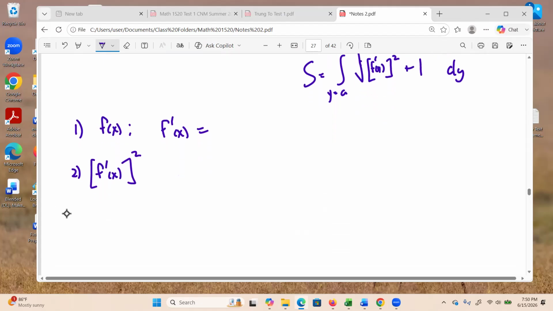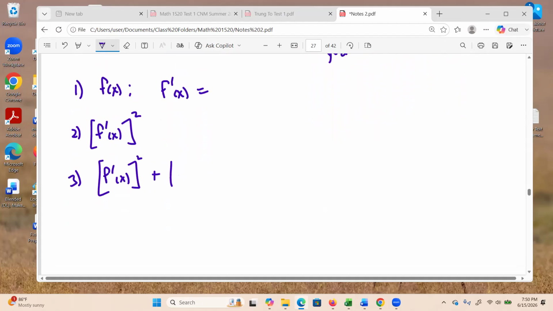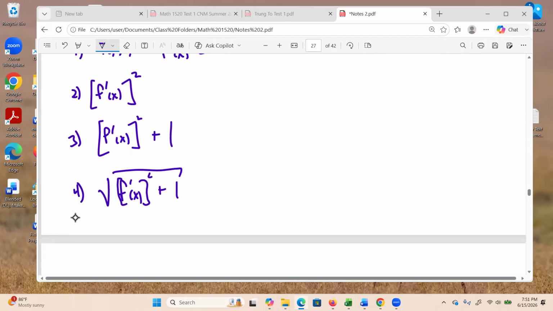Our third step, we're going to add 1 to f prime of x squared, and then we're going to apply the square root. Here's our square root of f prime of x squared plus 1. So all these pieces are building on each other. We've finally taken our square root, and then we'll be able to integrate.